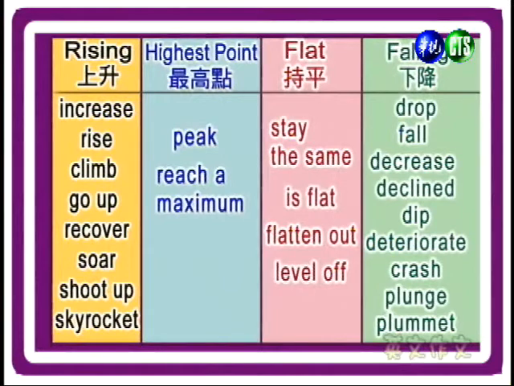好，我们可以看到这个表格里面呢，分成4种不同的种类。靠左手边第一个栏位，它表示的是上升的趋势。Right, and then the next one talks about what happens when your data reaches a high point. 好，那第2个栏位表示的是当你的资料到达制高点的时候，你可以用下面这些字。And our third category looks at data that's just staying flat.